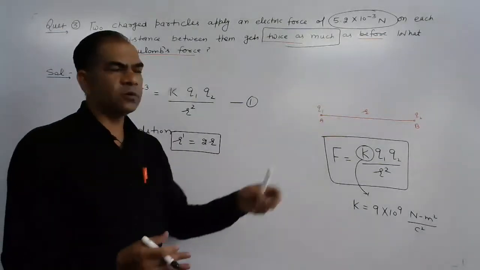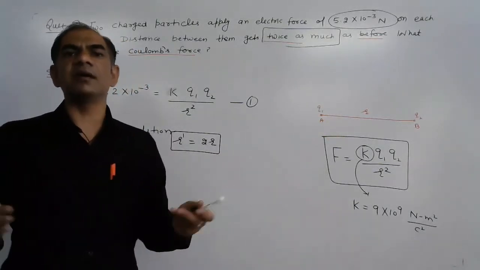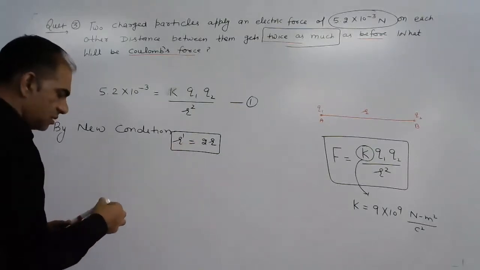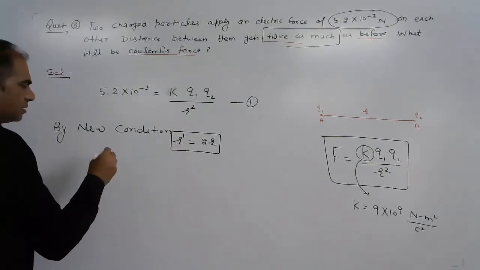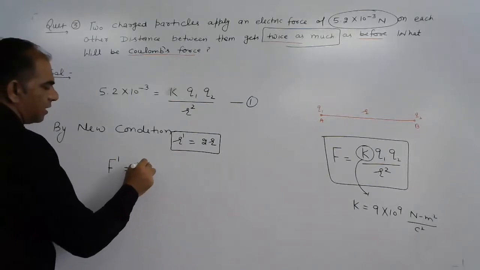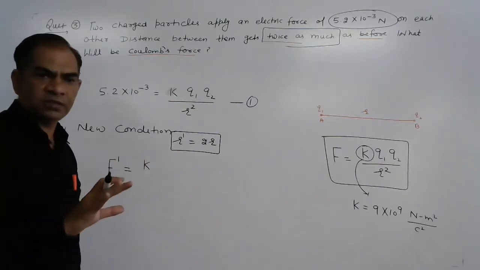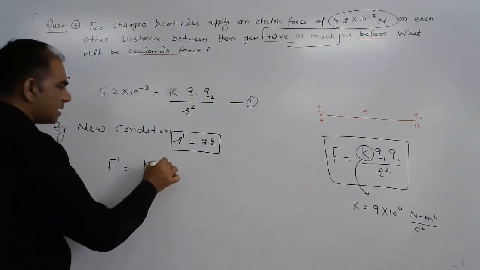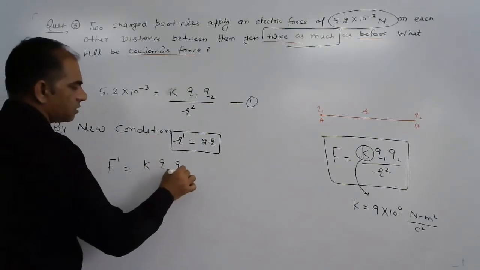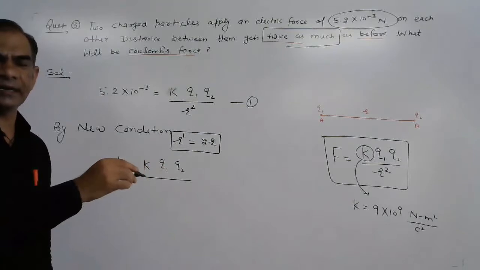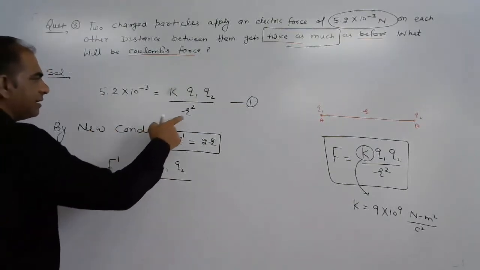The previous distance is r, now the distance is doubled. Then we write the new force F dash equal to K, the medium does not change so we apply the same constant K. The charge magnitudes do not change, so we write the magnitudes of the first and second charges q1 and q2.